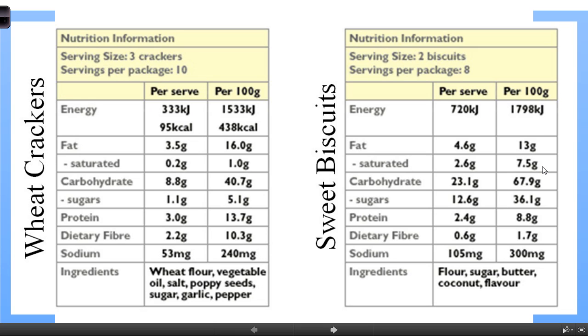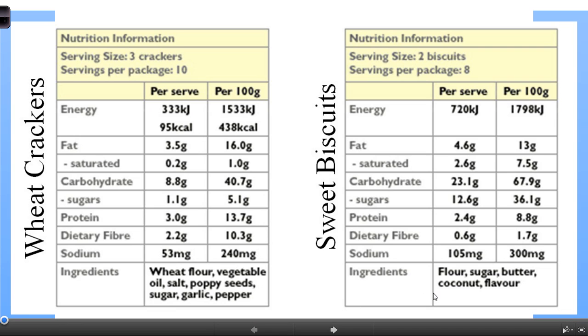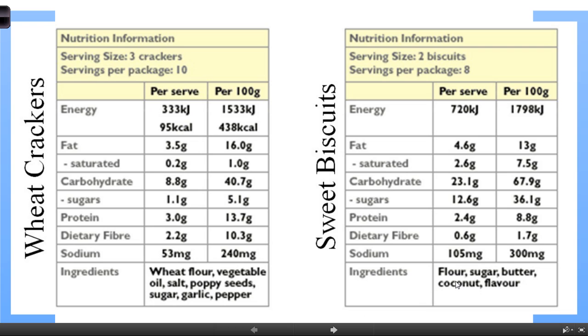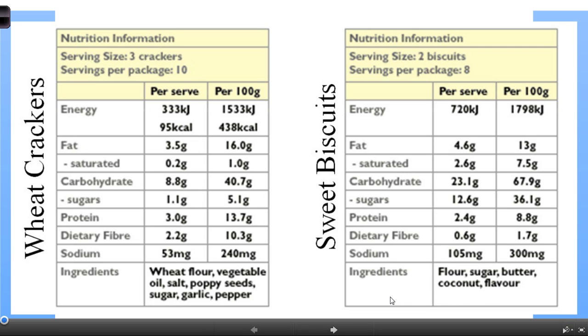So same in the sweet biscuits. If we add all of this up, it may not quite add up to 100 grams, and that's because there might be a little bit of water in there too. However, normally if water is added, so here flour, sugar, butter, coconut flavor, if they add water as an actual ingredient, they have to list it.